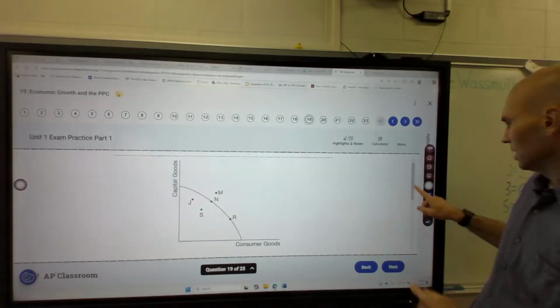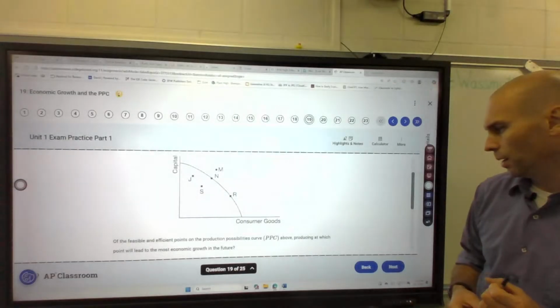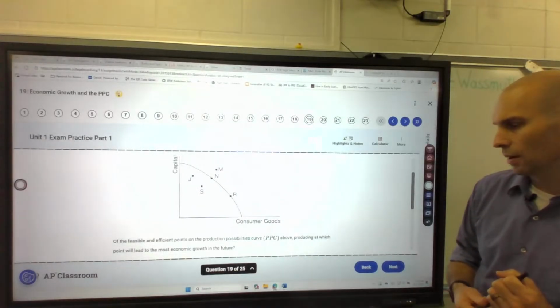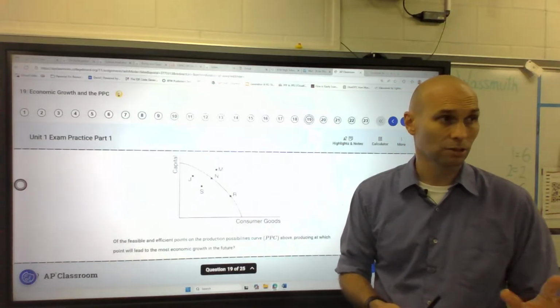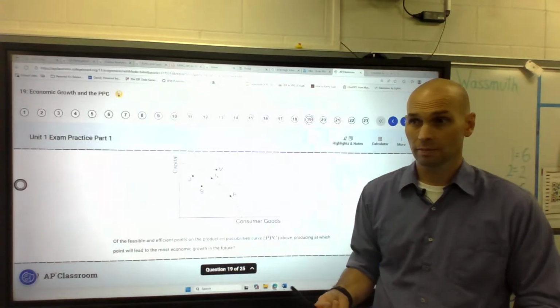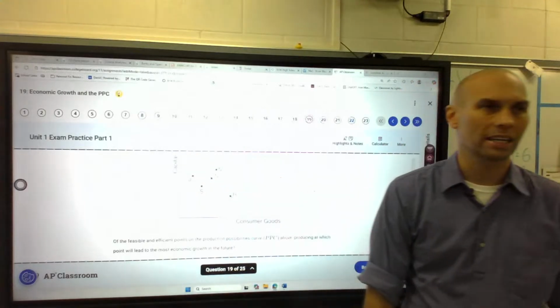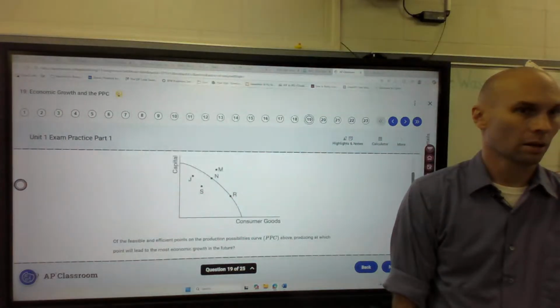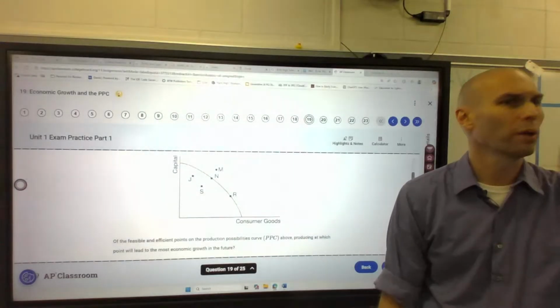Okay, so you've got these numbers here. The question says, of the feasible points of production above, producing at which point leads to the most economic growth in the future. You guys understand what future means? Guys, if you make more factories, what can you do? Make more stuff. Goods in the future, long run, whatever you want to call it.